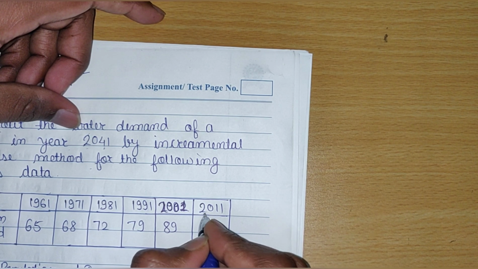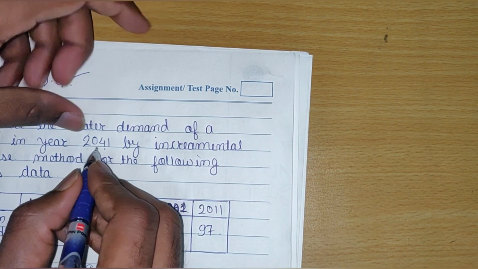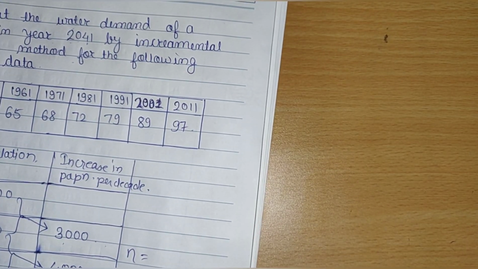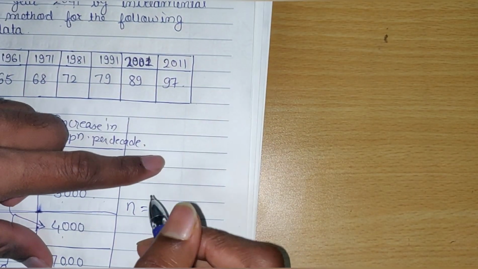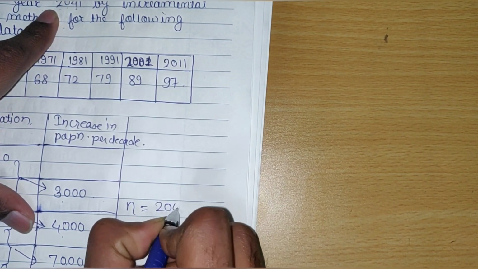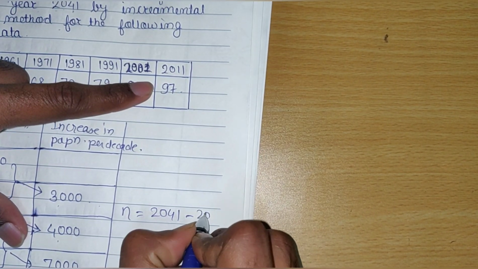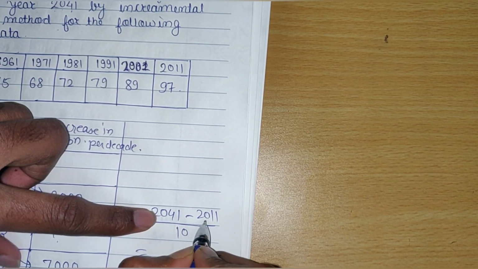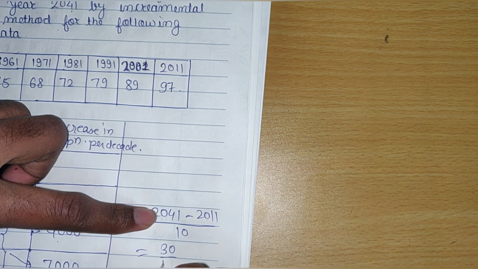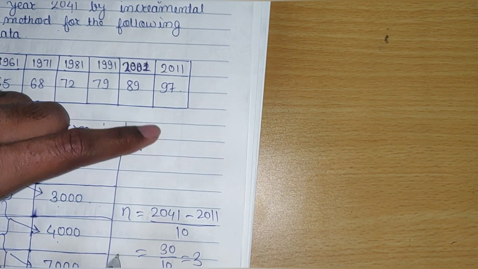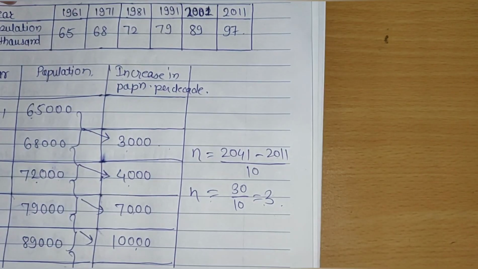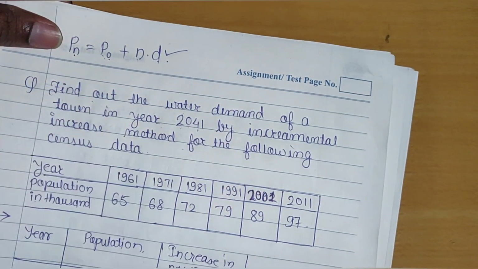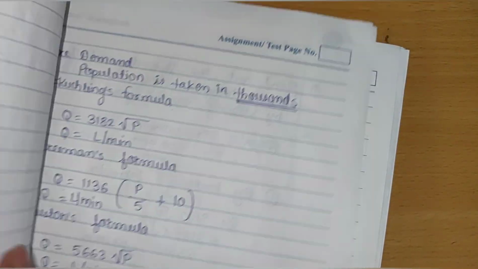Or you can also find this from the formula: forecasted year 2041 minus present year 2011, divided by 10. 2041 minus 2011 is 30, divided by 10 is 3. So the value of N is 3, the value of D is 6,400 and the value of P naught is 97,000.